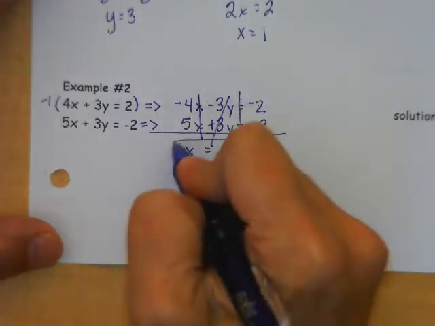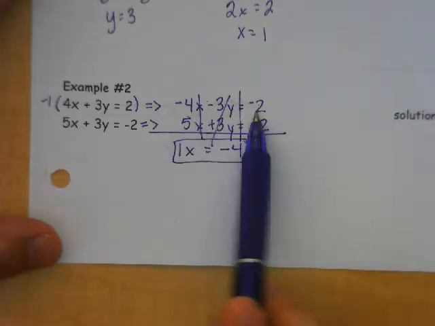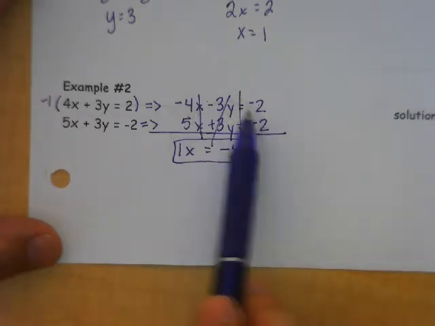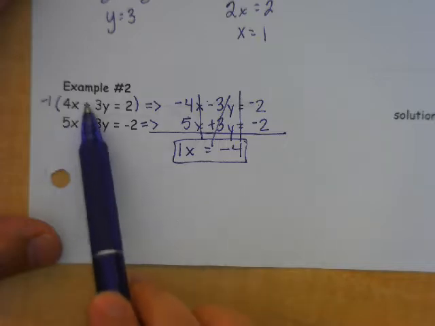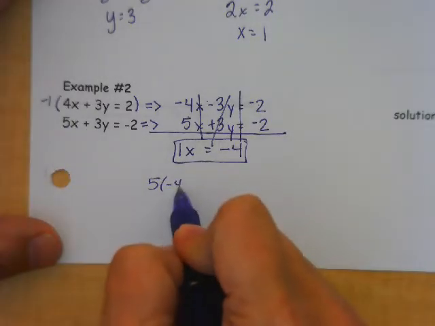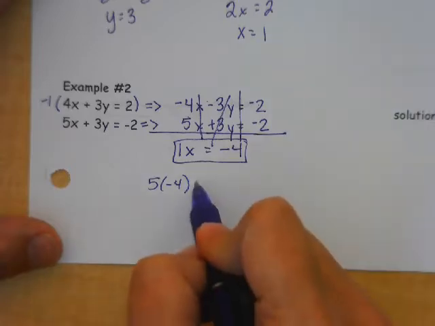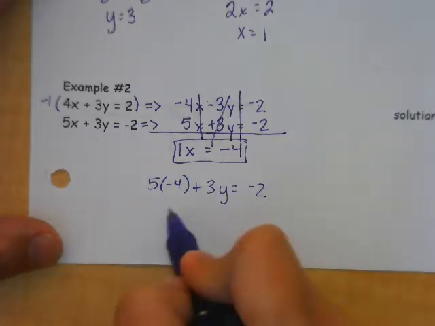So this is the first part of my solution. Now remember, on step 3, we said go back to the original. So do not use this equation that we just changed. You need to go back over here to the original. Do you want to use the first one or the second one? Let's use the second one this time, just so it doesn't feel left out. 5 times negative 4 plus 3y equals negative 2.